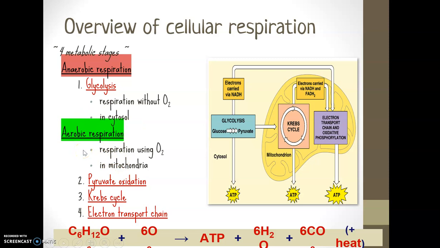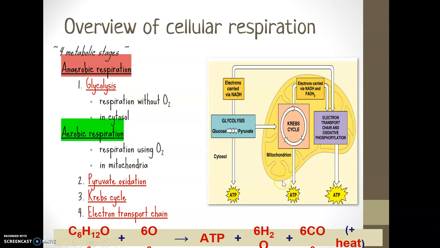So the last 2, 3, and 4 steps for cellular respiration are aerobic, which means they all occur with oxygen. The only one that does not occur with oxygen is glycolysis. So aerobic respiration, the rest of the steps occur inside of the mitochondria. We remember the mitochondria as the powerhouse of the cell, okay? Mitochondria, that's where we make all of our ATP from our glucose. So that's why cellular respiration occurs here.